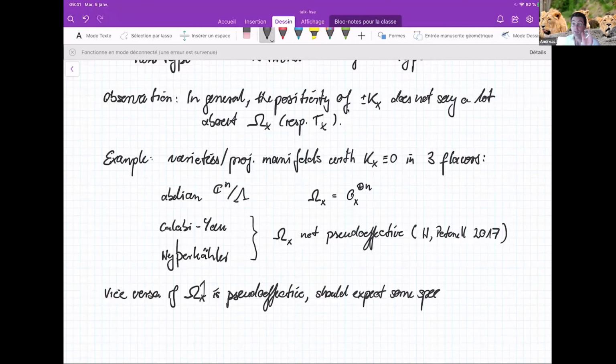Okay, and this is going to be somehow the main theme of these talks. I will assume that omega X or T_X has some positivity property, and then I will show you how to exhibit some interesting global geometric features of the manifold. Okay, so this is the theme of these lectures.